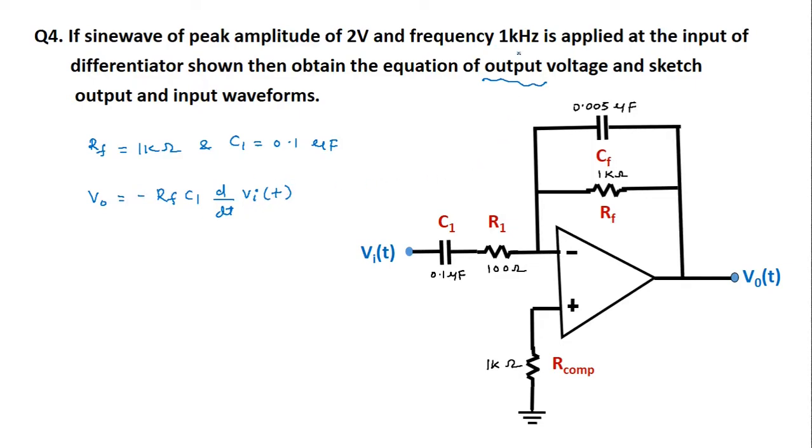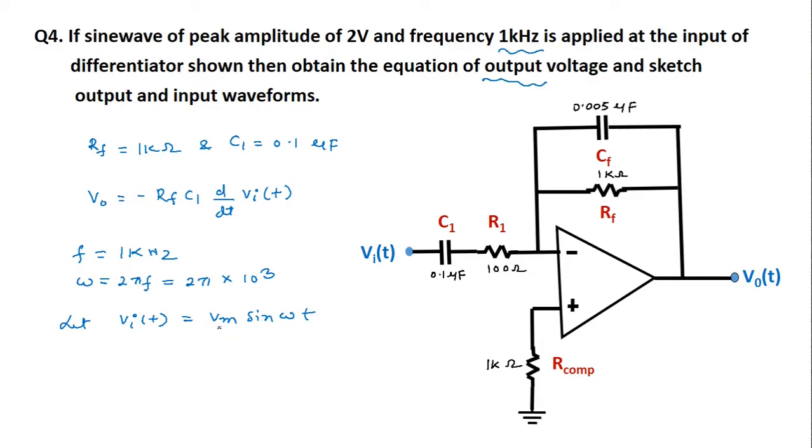Here it is given that the frequency of the signal is 1 kilohertz. Then f is equal to 1 kilohertz. We know that omega is equal to 2 pi f. If we put the value of f here, we get 2 pi into 10 to the power 3. Let the input voltage Vi of t be given by Vm sine omega t.